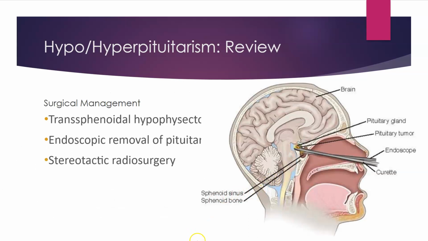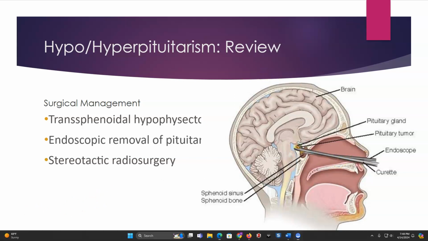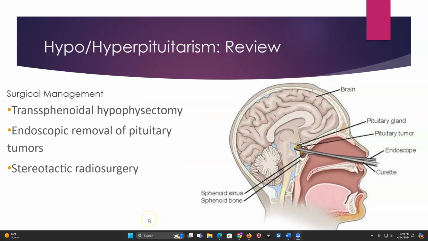We can do a surgical management of this. Oftentimes you're going up through the nose into the back of the brain and then removing the pituitary gland or the tumor that might be pushing on things. This is called transsphenoidal hypophysectomy. And with that, they can do an endoscopic removal of any pituitary tumors or the pituitary gland itself.